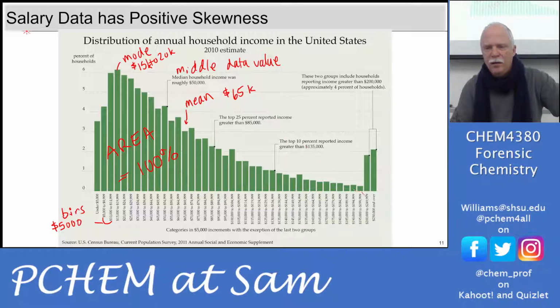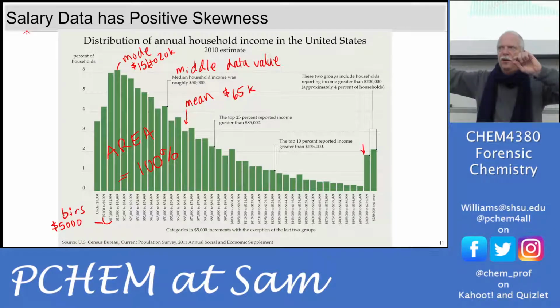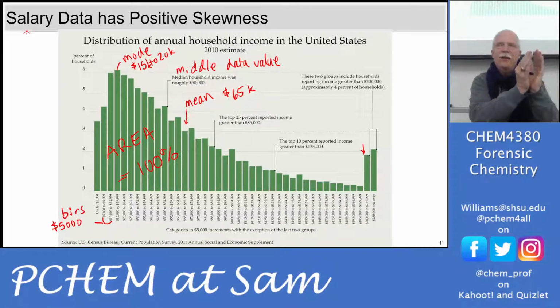And then you get up here, the bins, we're still doing $5,000 bins here, but then they lump the last two. This is a 50,000 bin. So right here, because the data is skewed out so far, if we included it all with 5,000 bins, there'd be a lot of bins of 0 or 1, and it would just really go on a lot longer. It goes up to over 250,000. What that would do if we were to plot that on the same plot would squeeze all of these down to where it was hard to read them. And so a lot of times they'll do this.